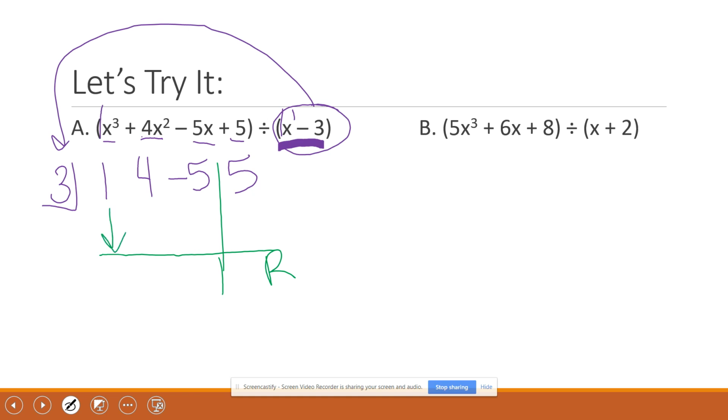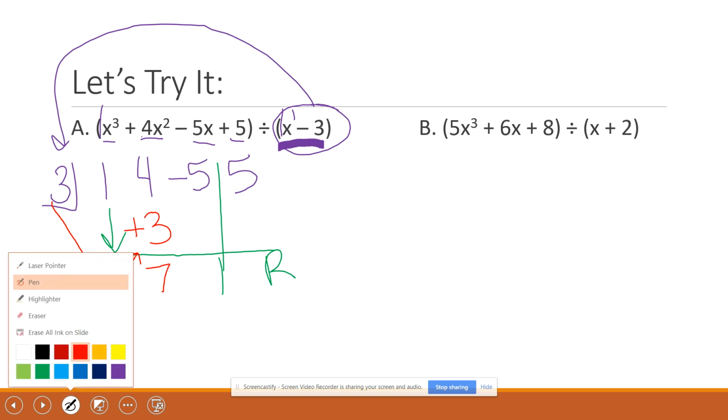And then we always drop down our first value, whatever it is. Doesn't matter if it's a 1, a 2, a 5, a 7, a negative 80, whatever. Always drop that down. From here, I use the 3, and we say 3 times 1 is 3. 4 plus 3 is 7.